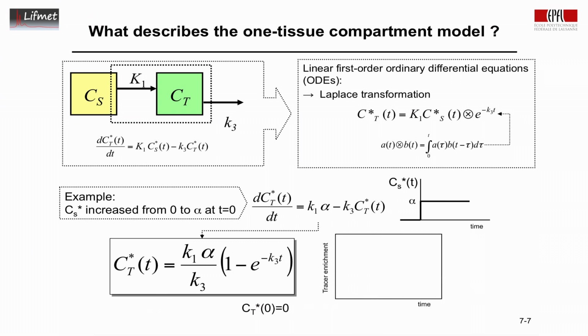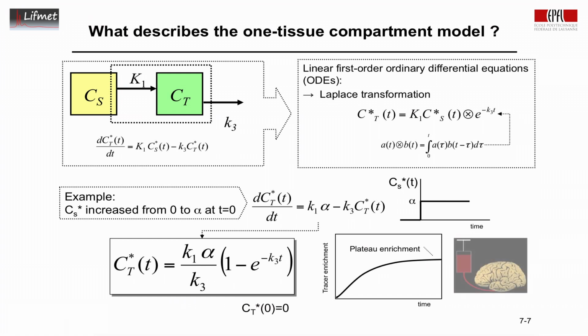We have time on the x-axis and the tracer enrichment on the y-axis, and we see this function is an exponential increase with time, and we're getting the plateau enrichment. To illustrate this, here we have an injection of a tracer. This is an illustration from a brain experiment, and the brain will change color as the tracer appears in the tissue and labels the tissue concentration.